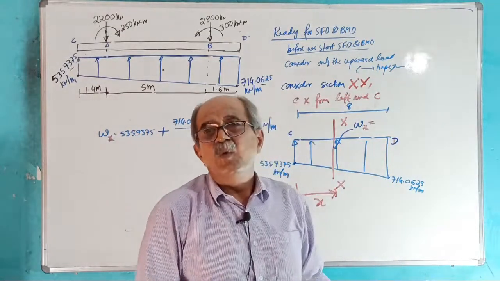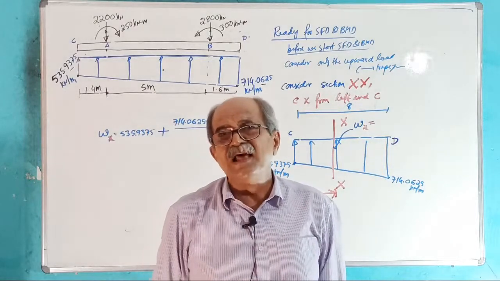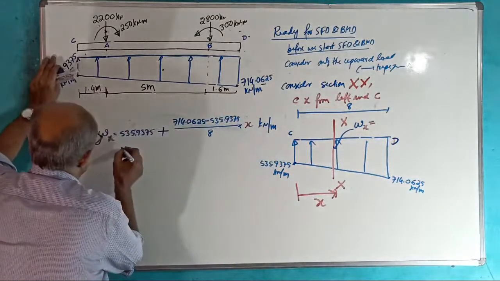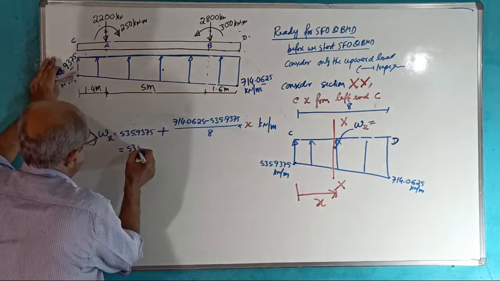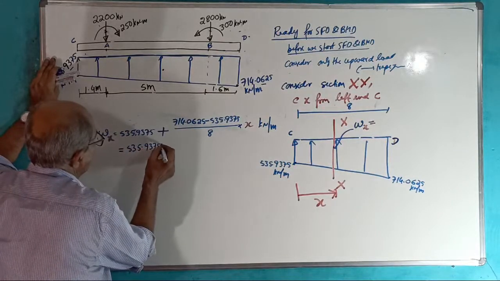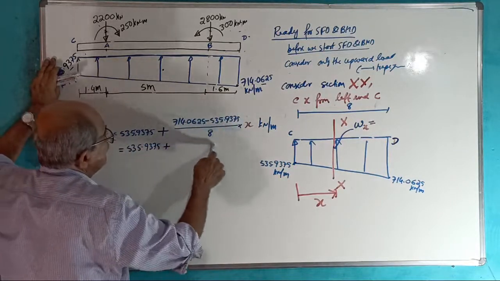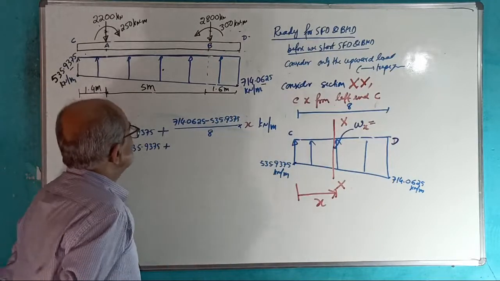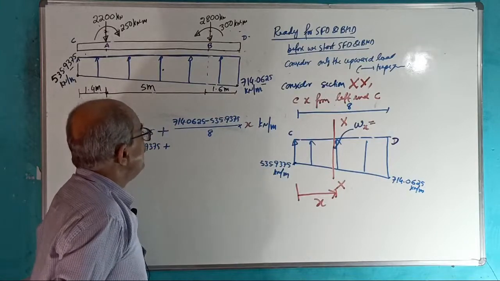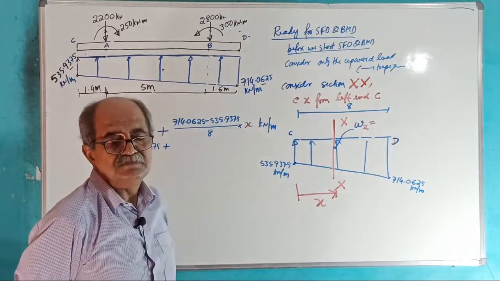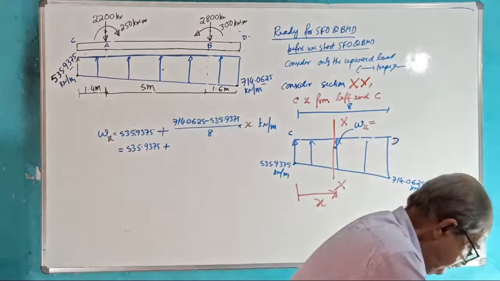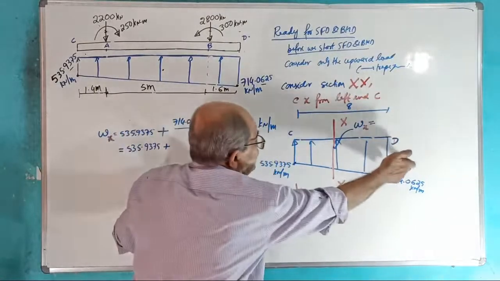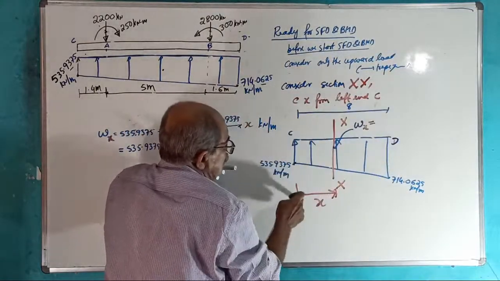If I simplify, this becomes 535.9375 plus 714.0625 minus 535.9375 divided by 8 into x. This ordinate is this ordinate plus that minus this divided by 8 into x.